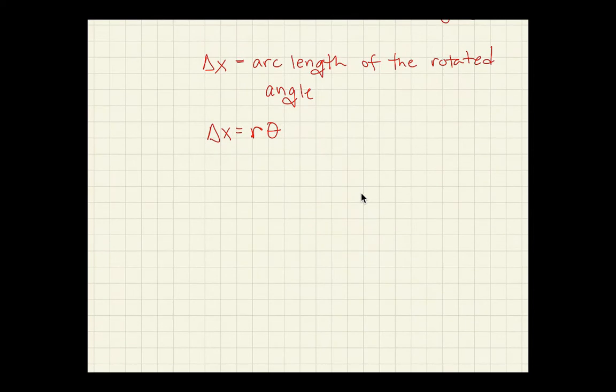So delta x is the same thing as r times theta. Delta v would be the same thing as r times omega. And delta a would be the same thing as r times alpha. So again, easy way to convert between the two. Just multiply the angular component by the radius, and you're given the translational equivalent of that.